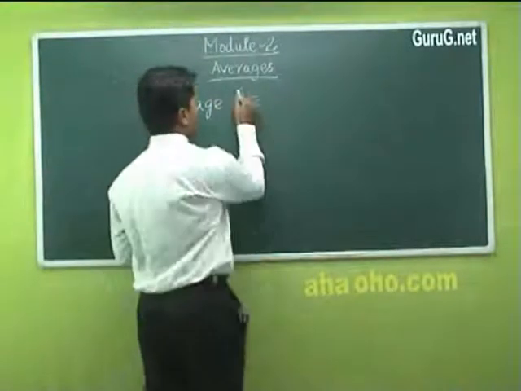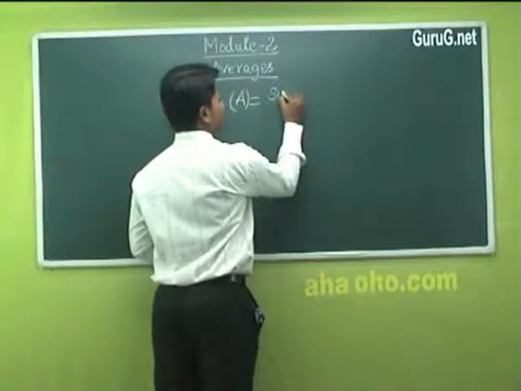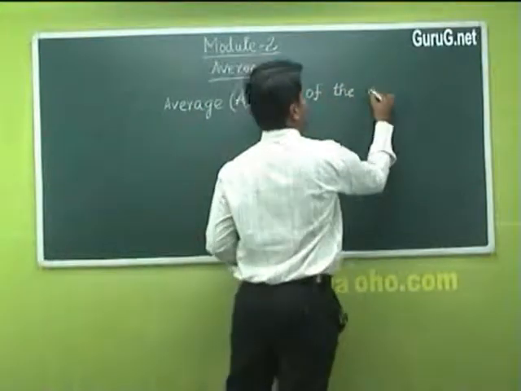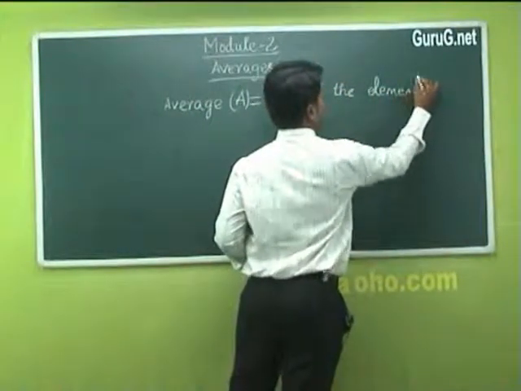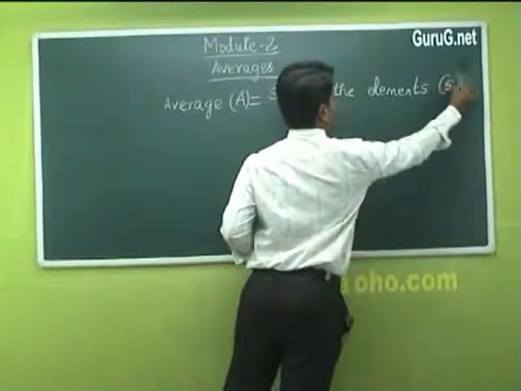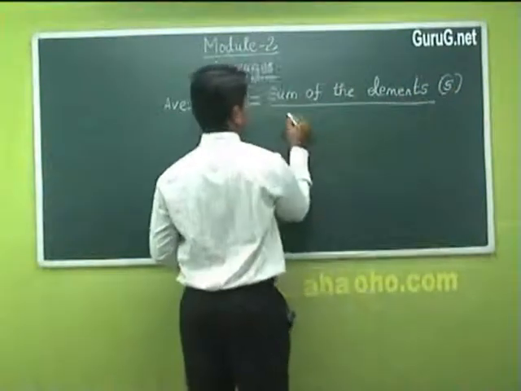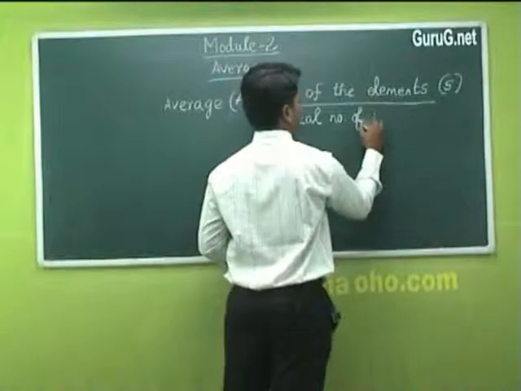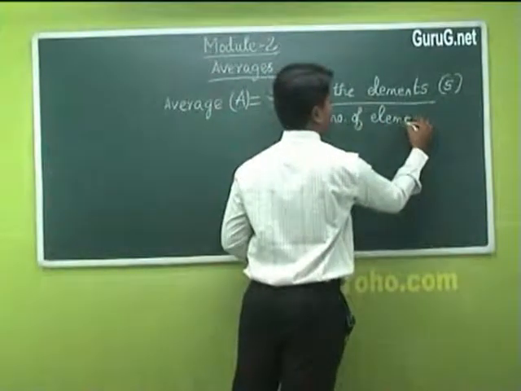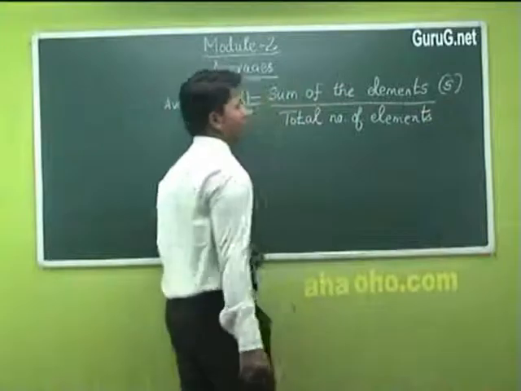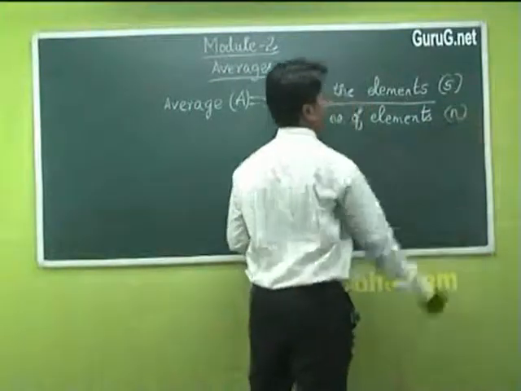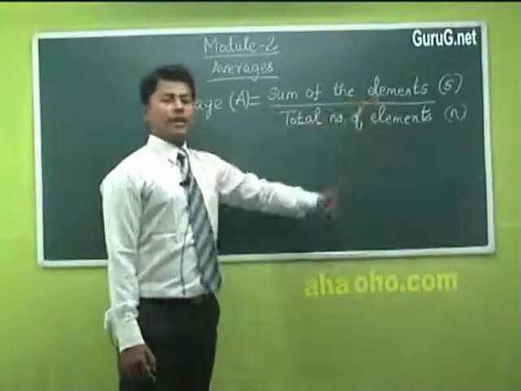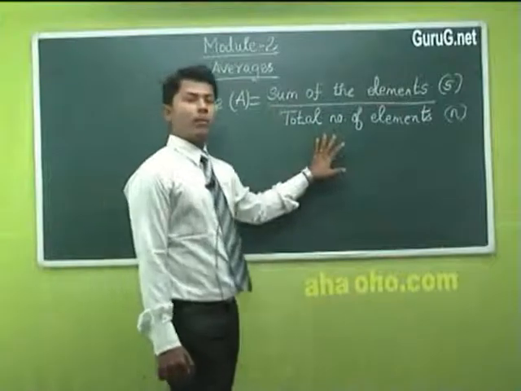Average A is equal to the sum of the elements considered. So average A can be defined as the sum of all the elements that you are considering by the total number of elements.